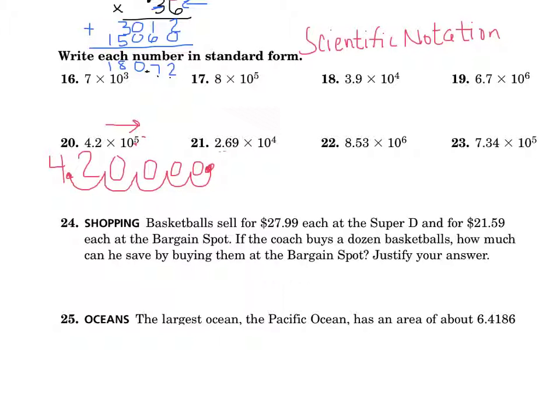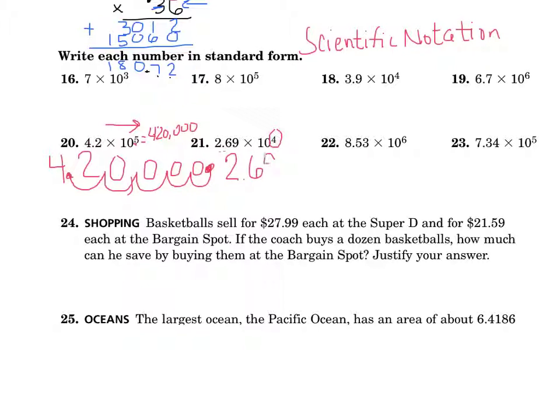So my answer is 420,000. The 4 and the 2 are still there, but now I have some zeros after it. You move your decimal around 5 numbers. Look at number 21. How many numbers are you going to have to go around on this one? The exponent tells you 4.